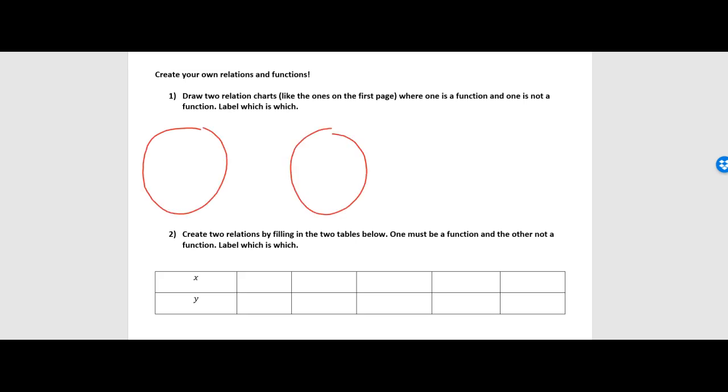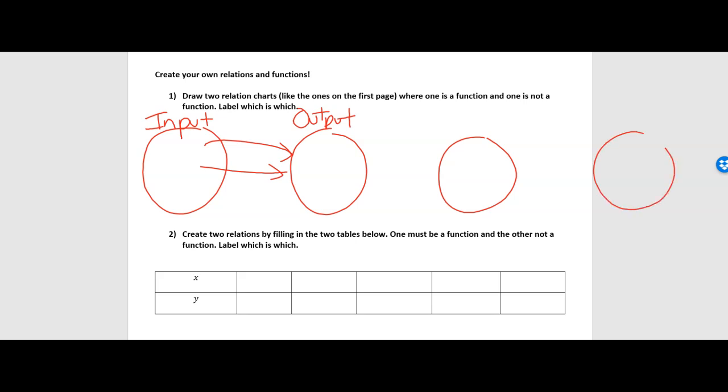We have an input diagram, an output diagram, and you could put numbers or letters in between. You'd have arrows going across. Okay, you then draw another set, and one of these must be a function. The other one must not be a function. It can only be a relation.